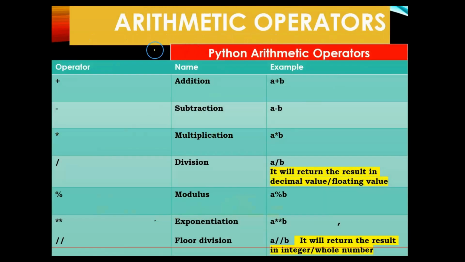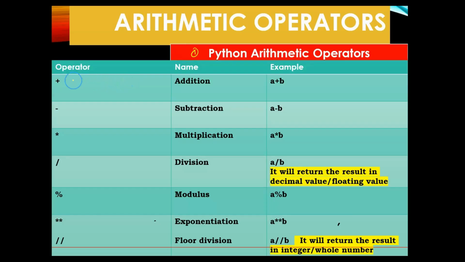We are going to read the first type of operators, called Python arithmetic operators. You have already studied many types of arithmetic operators in mathematics, like addition, subtraction, multiplication, division, etc. Just as in mathematics, we have arithmetic operators in Python, but there are some small differences.